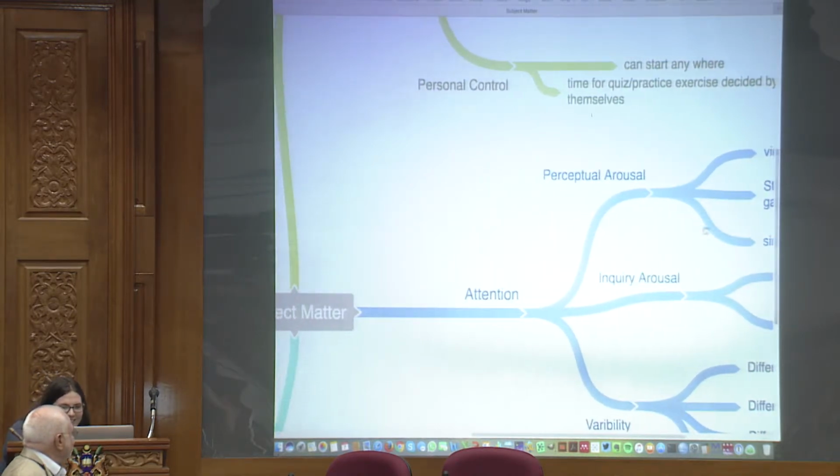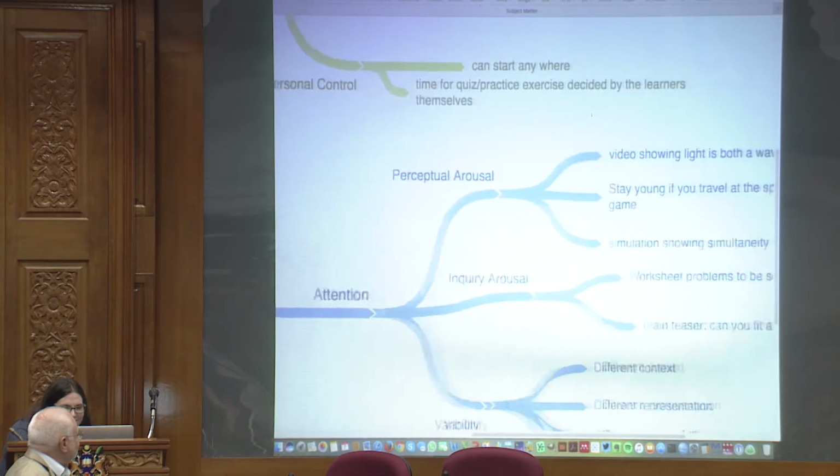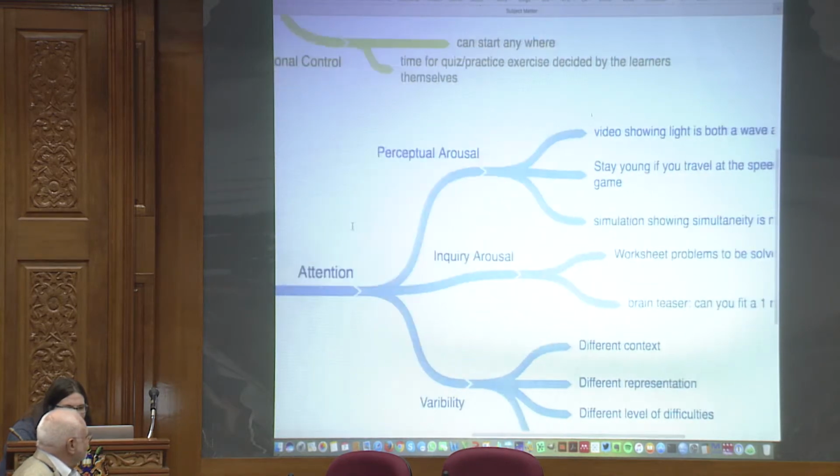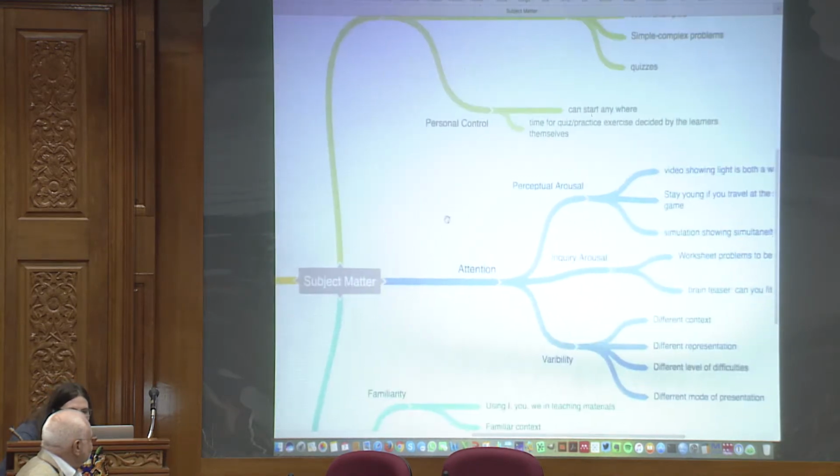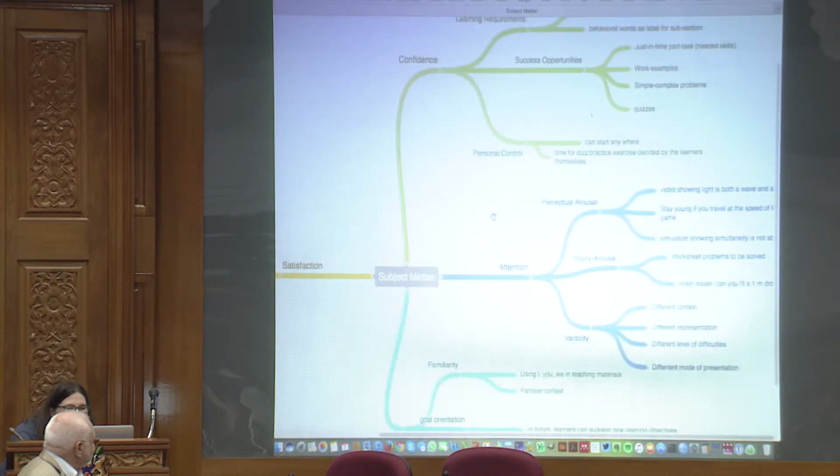You can be slim if you travel at the speed of light, no matter how fat you are. I have a simulation to show that, and also a simulation to show that simultaneity is not absolute, and your height is not absolute. You can be younger than your father if your father is still alive, so it's possible.